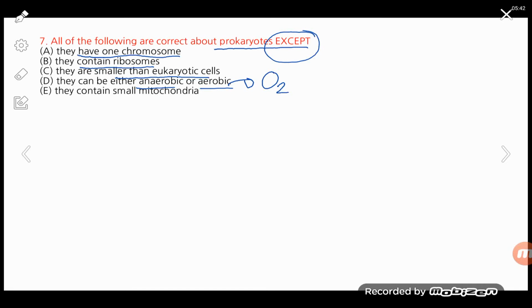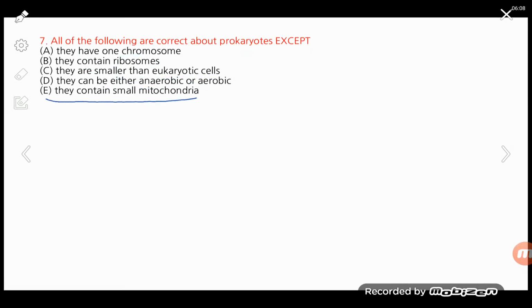So we have some microbes or bacteria living in the soil without the presence of oxygen, and some that require oxygen. So those are true. They contain small mitochondria. We know that prokaryotes do not contain mitochondria. So the answer for the question is E.